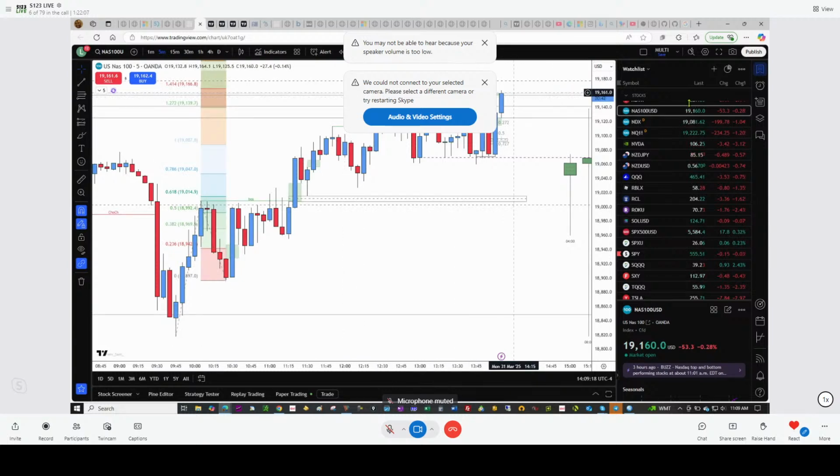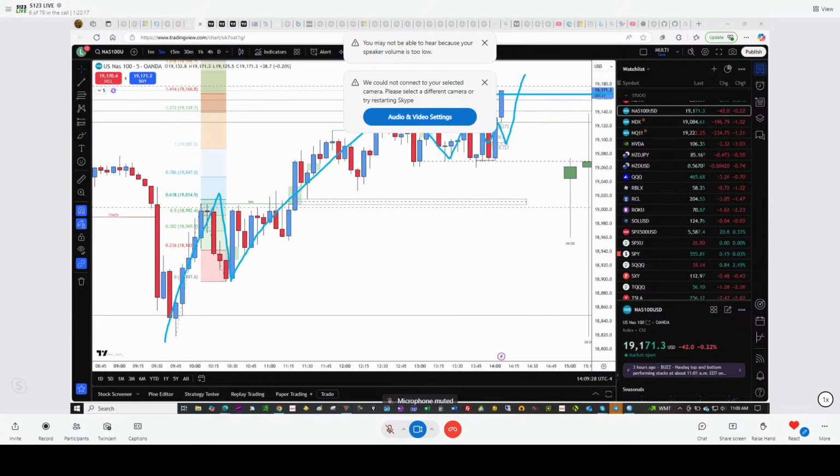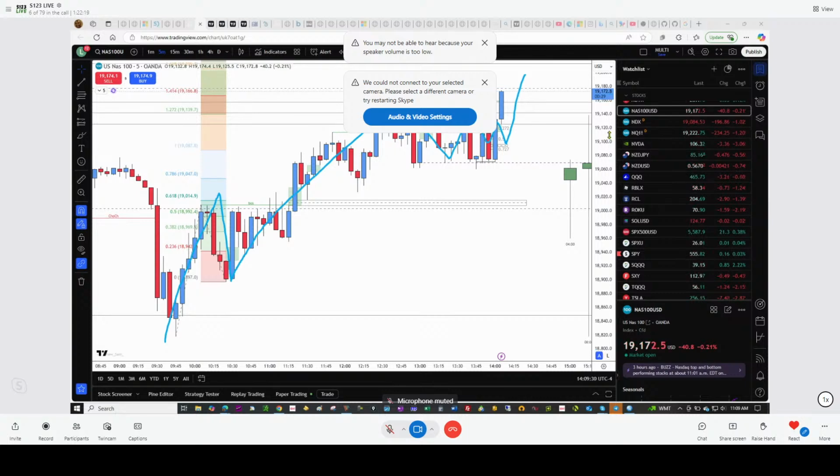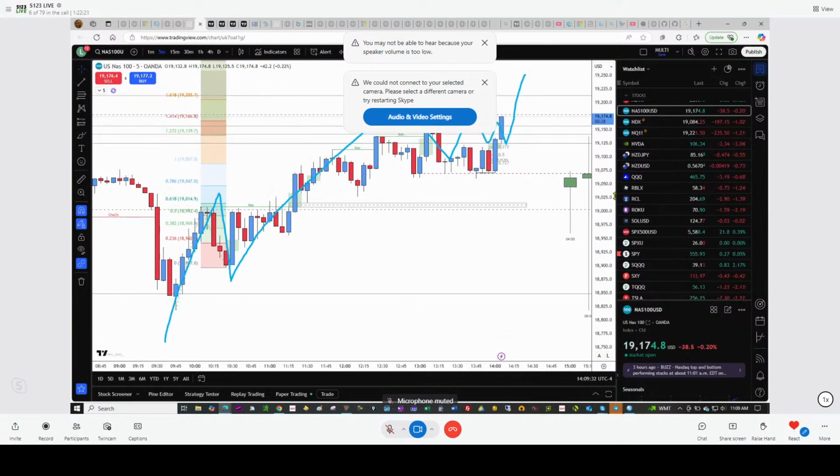All right, so now you can see this is what we're expecting overall. We got this 1, 2, 3. We chop up and down in here, and expecting to move up to take out the highs. We're there already. Look at 1.618, that is my target, and we're almost there.